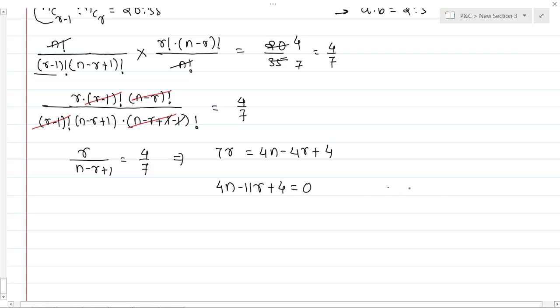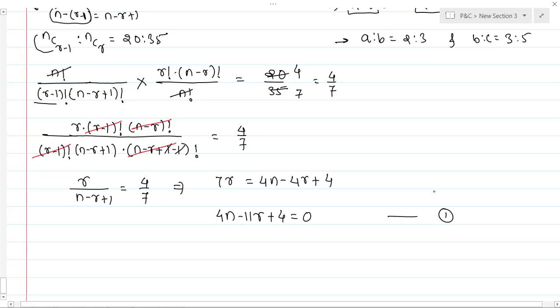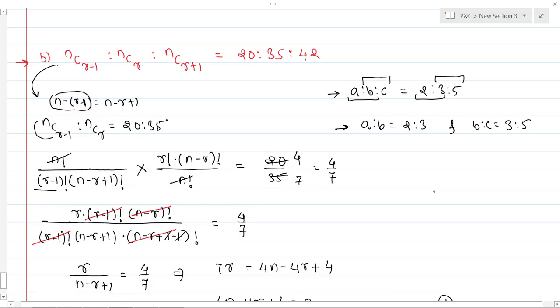So this is our equation number 1. So from the first ratio we got one equation. Now similarly, if we take the second ratio, then we will get a different equation in the values of n and r. Then we solve the equations and you will get the values of these variables.